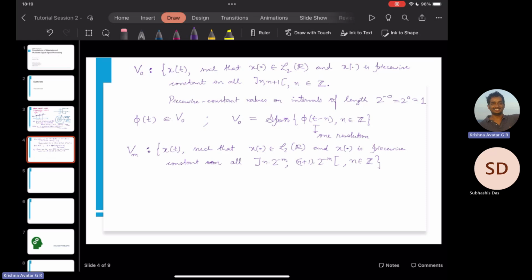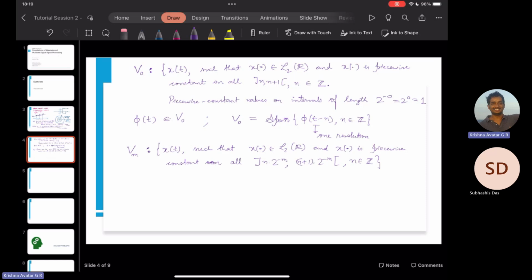So this is a very general space corresponding to any wavelet, and this indicates the resolution at 2 to the power minus m. This is how we define different levels of resolution.